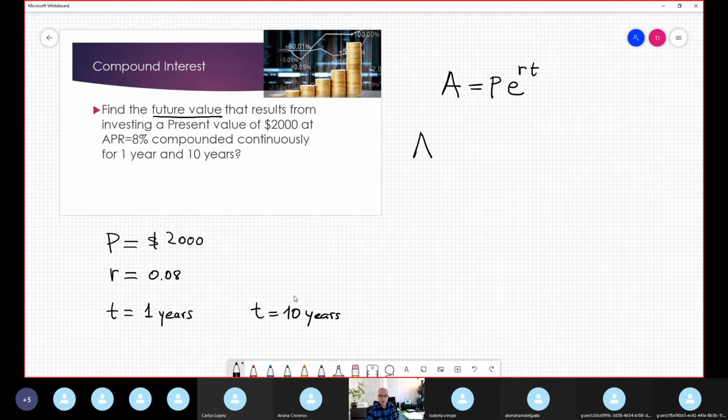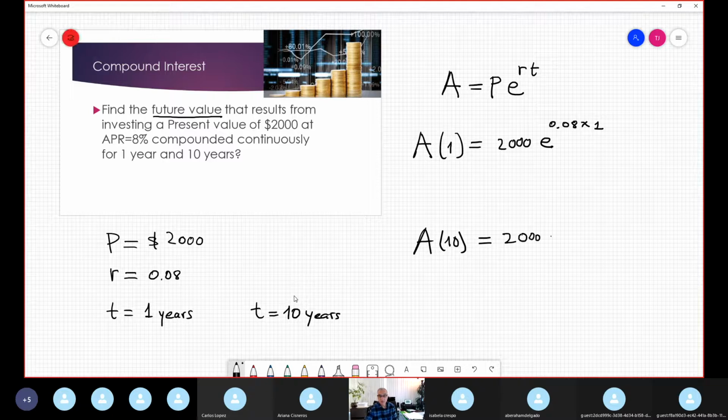So A for 1 year is 2,000 exponential, E, this kind of exponentials are using the base E, 0.08 times 1. And future value for 10 years is same amount, E, 0.08 times 10.